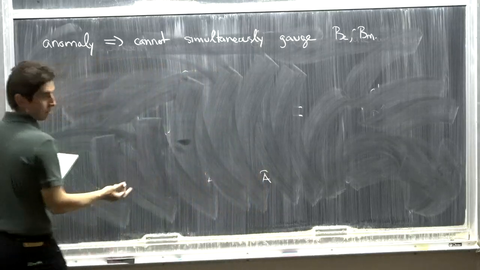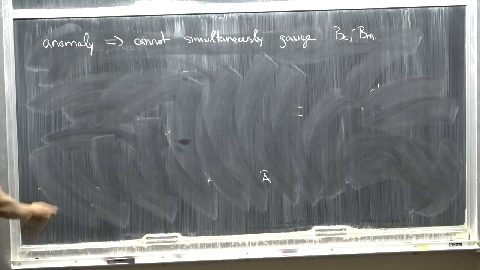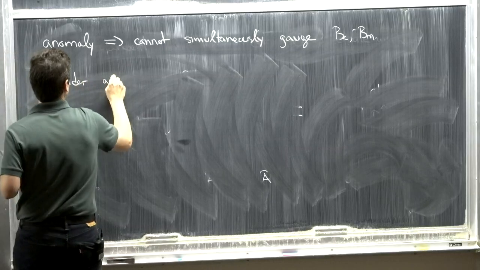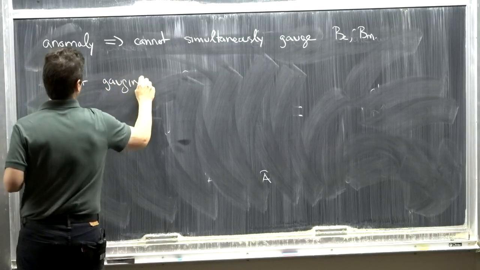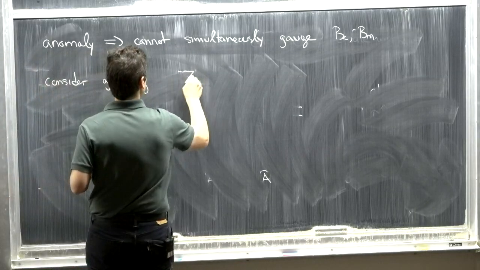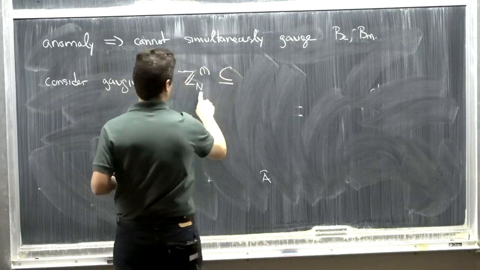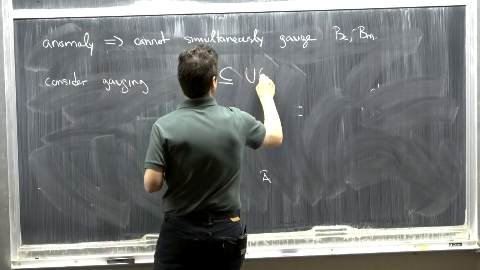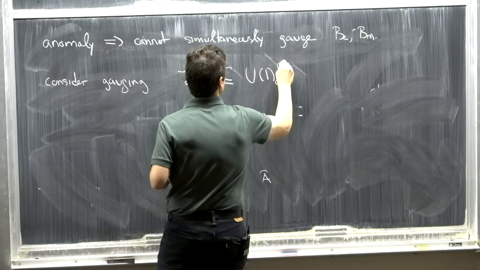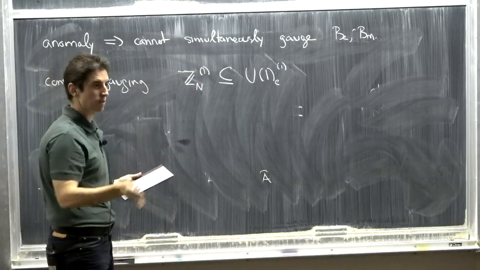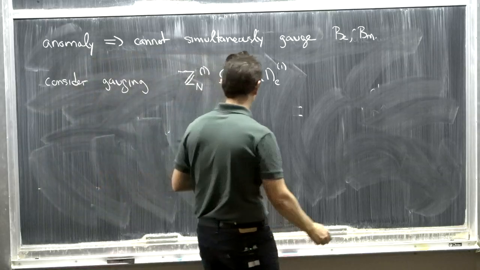But it's a mixed anomaly. So let's consider gauging a discrete subgroup, Zn, that lives just inside the electric part. Because the anomaly is mixed, this is allowed.